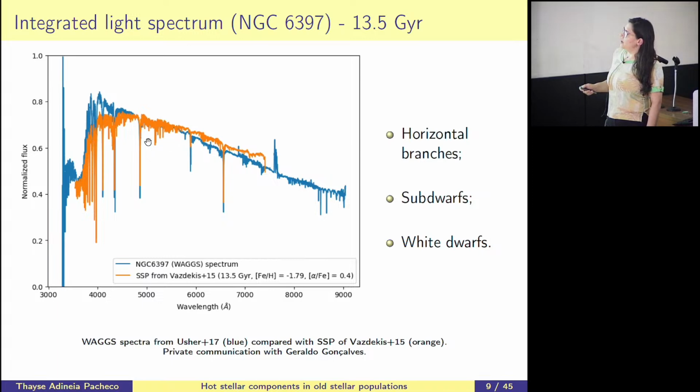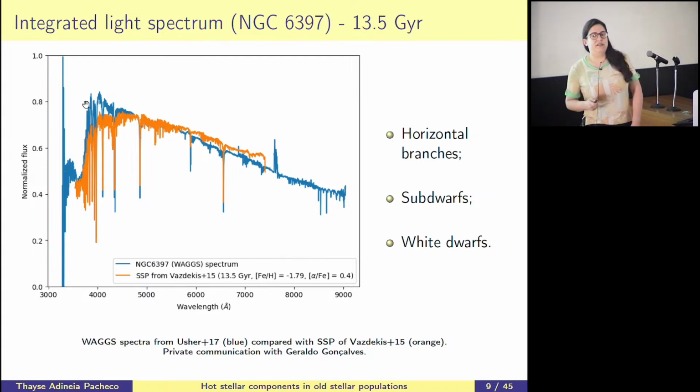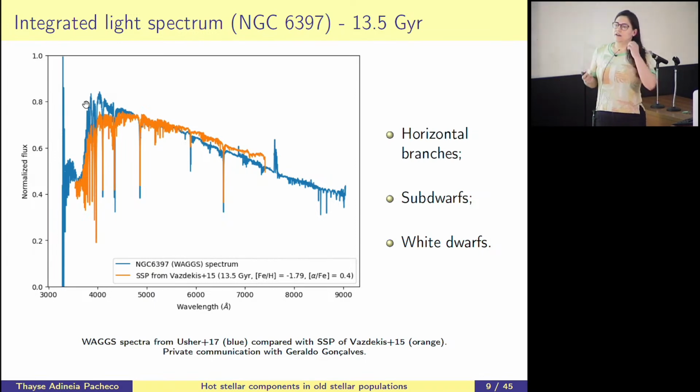So we have an excess on the bluer part of the spectrum, and we thought that it can be explained by missing models in the libraries.